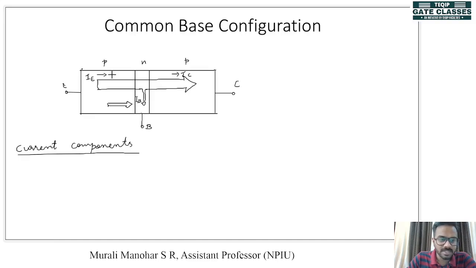So if we call this current, which is due to holes, IEP, and the current due to electrons IEN, then the total current IE will be equal to IEP plus IEN, hole current plus electron current, right? Now in this junction, base emitter junction, we know that some recombination occurs, and because of that recombination, there will be a recombination current. Let's call it I recomb.